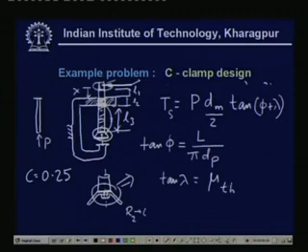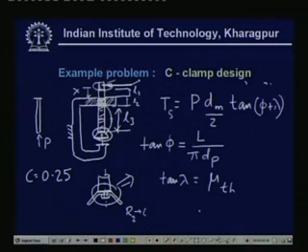So this is the friction coefficient between the screw and the nut, and the friction force appears in the thread. We now know the individual values of Tc and Ts, and from this we can calculate the shear stress due to torsion.